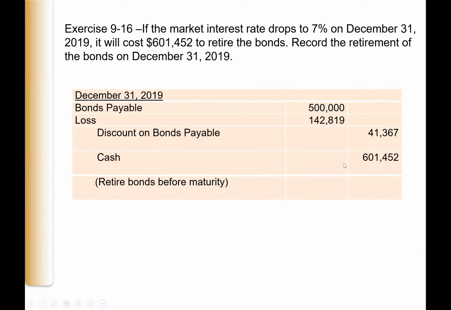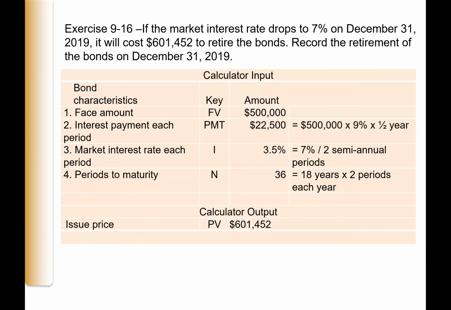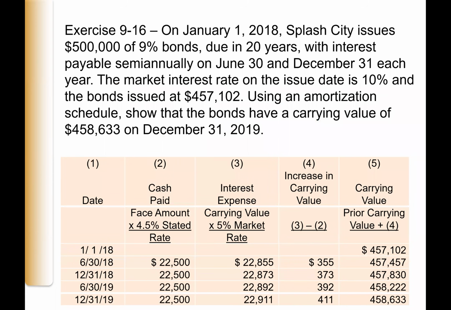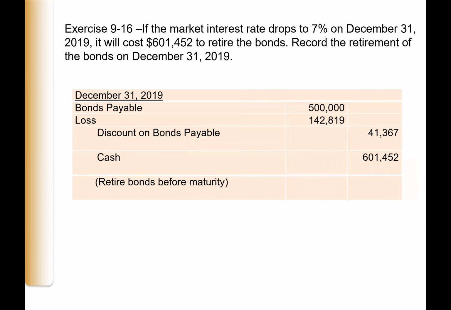That's our cash. We have to figure out exactly on that date where the bonds were at, which was the 458,633. So we have to zero out the bonds, zero out the discount. And by retiring those bonds, we would have a loss here of $142,819.